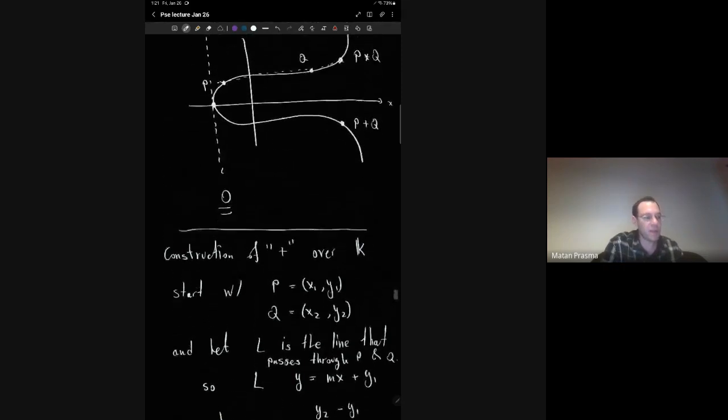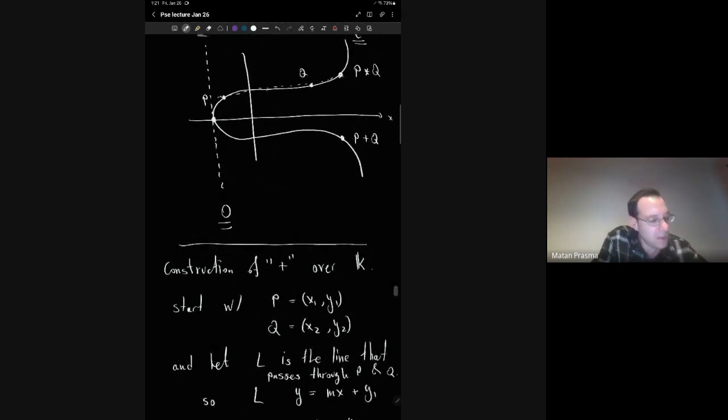I mean, x1 equals x2 means that, let's say, P is here and Q is here. And then the line that passes through them has an infinite slope.